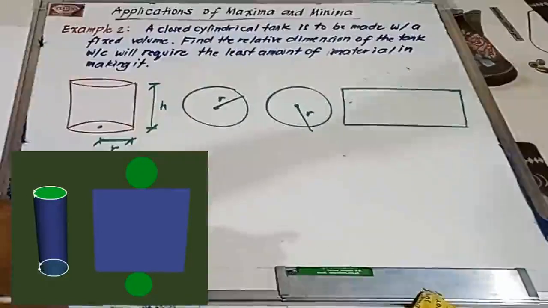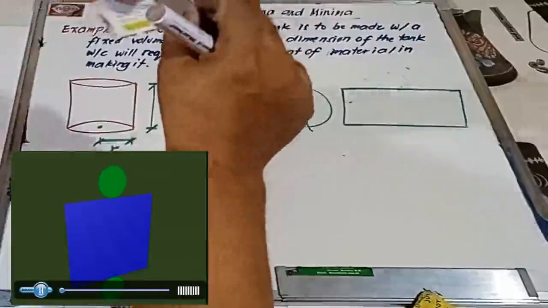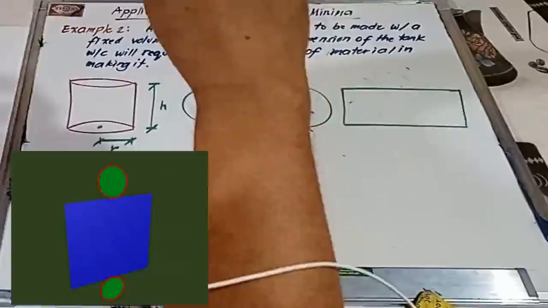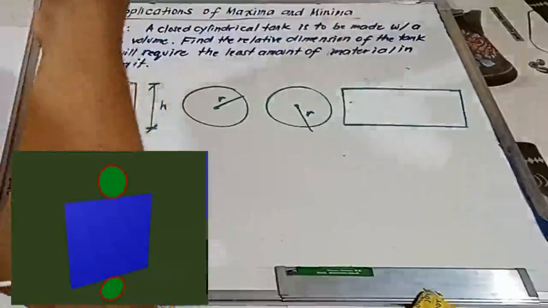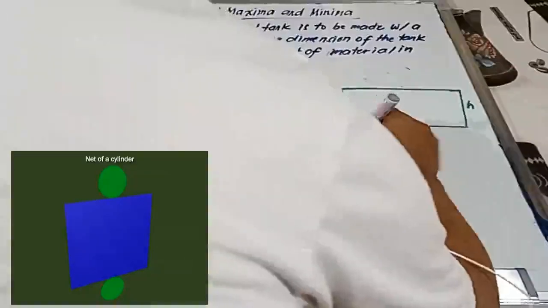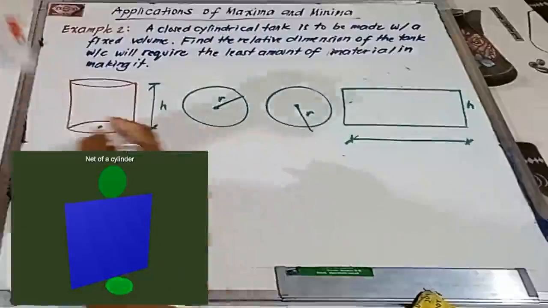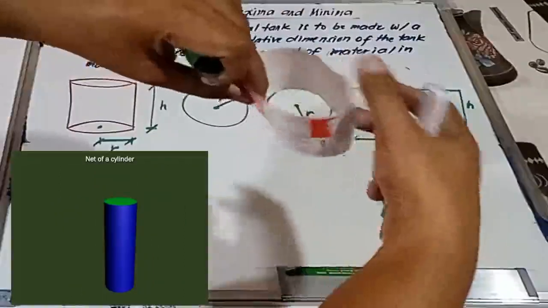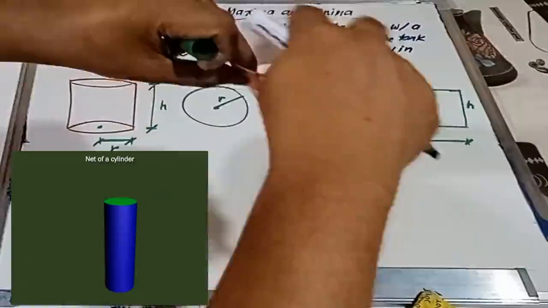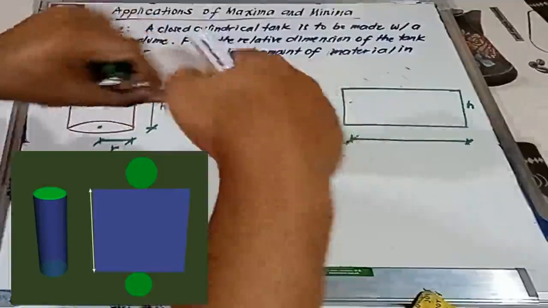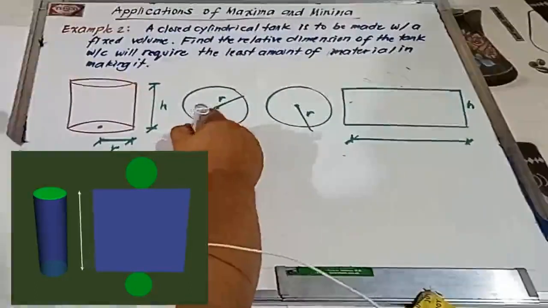Okay? Ano kaya ang kanyang height ng ating material na isa para sa gilid? Ang height niya is h. Okay? Yan siya. Pero ano kanyang length? Okay? Remember, bilog siya. So, ito ay circumference. Okay? Circumference. Ang circumference natin, 2 pi r.